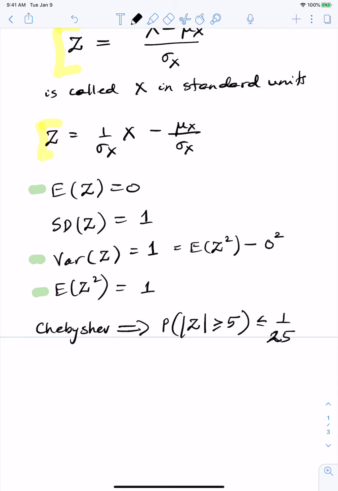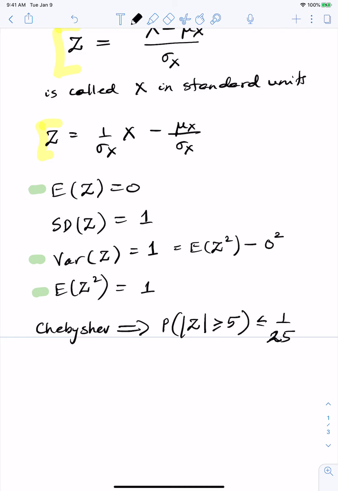If you have a variable that has been converted to standard units, then the bulk of the probability is going to be in the range minus 5 to 5. You'll have some outside, but not much at all.